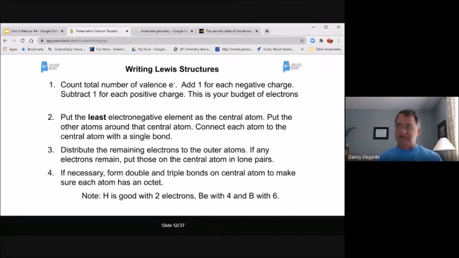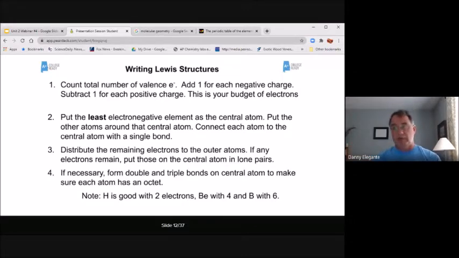If you have electrons left over, which you should, then you put them around the outer atoms. And then if you still have electrons left over, you put them on the central atom. So for example, if you were going to do water, so H2O, that's a total of 8 electrons.